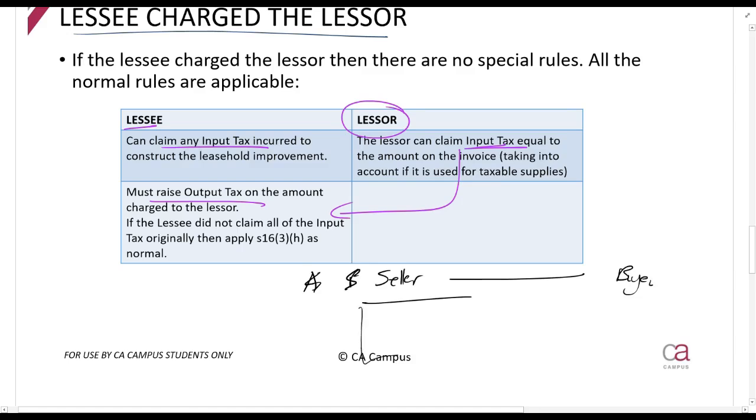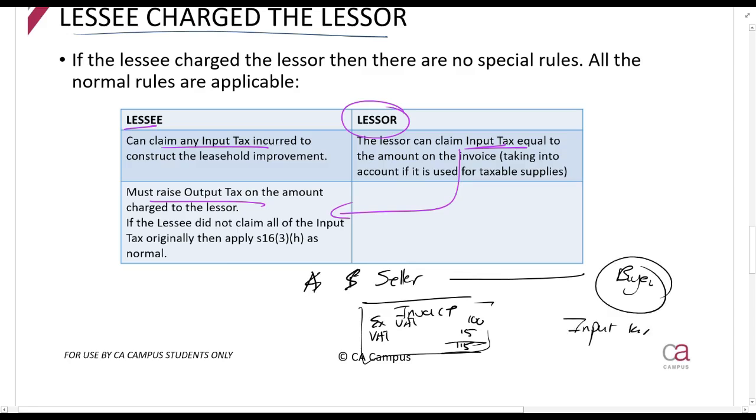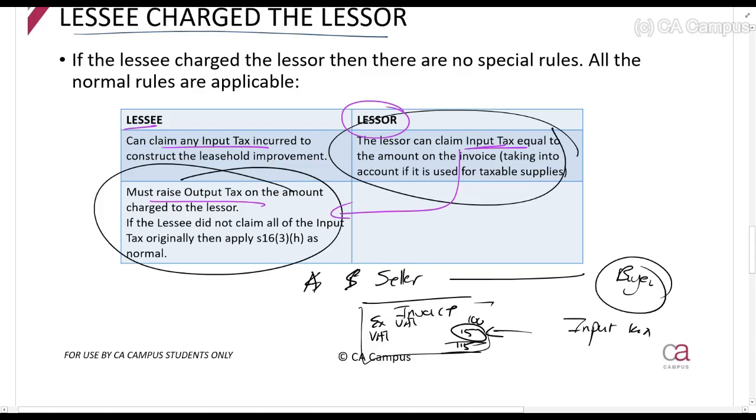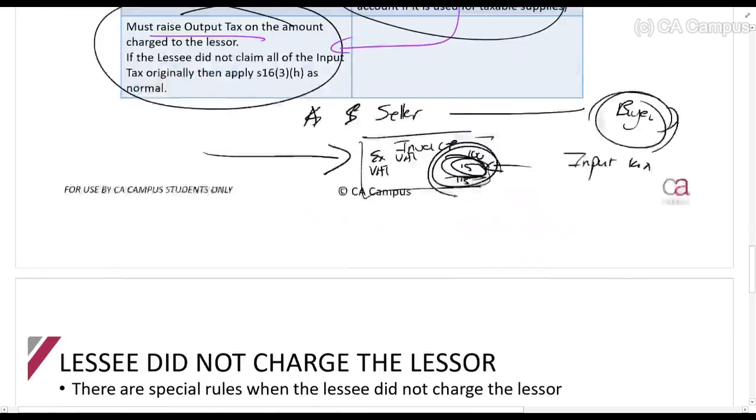The seller gives an invoice that says VAT 100 rands, VAT 15 rands, and then it's a total of 115. This buyer can claim input tax. What input tax is it? The amount on the invoice. That's what we're saying over here. So this output tax that the lessee raises is this output tax, and this input tax that the lessor claims is this input tax on the same amount. Right, so a normal transaction.